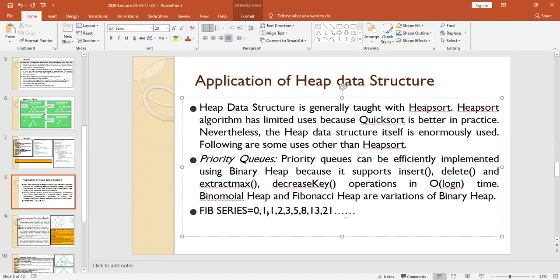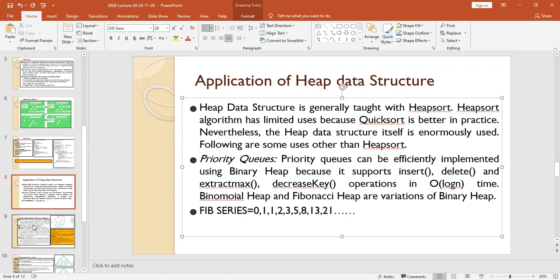All these numbers will be stored in the form of a heap, and that heap is called a Fibonacci heap. So the variations of the binary heap are the binomial heap and the Fibonacci heap.